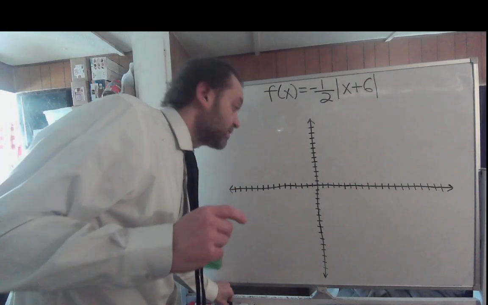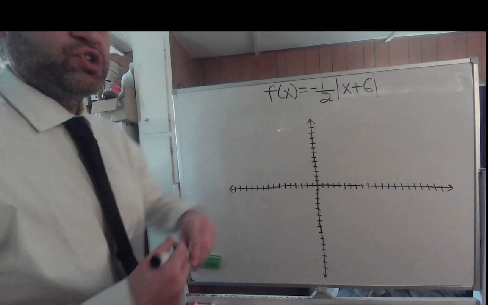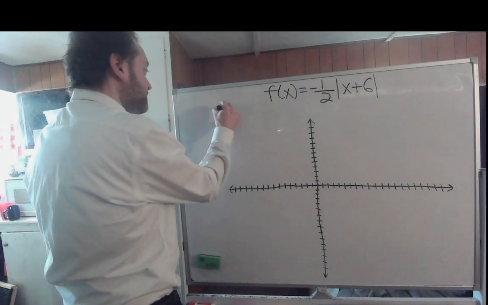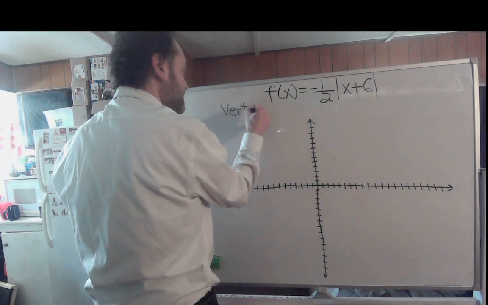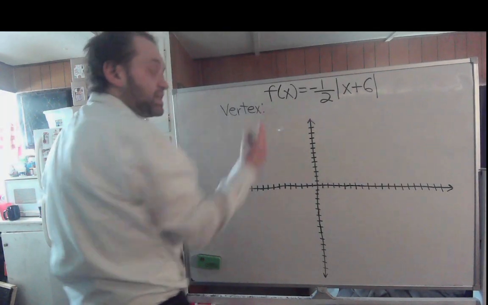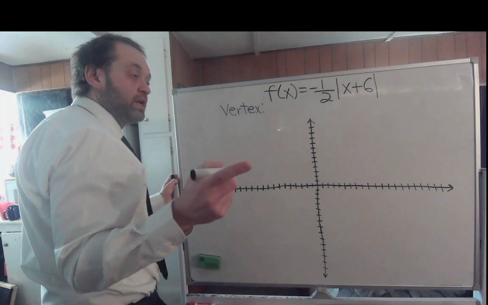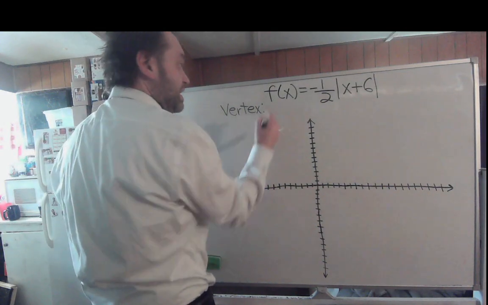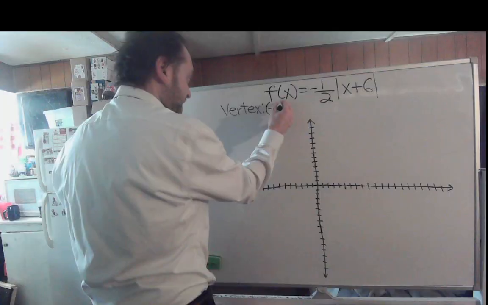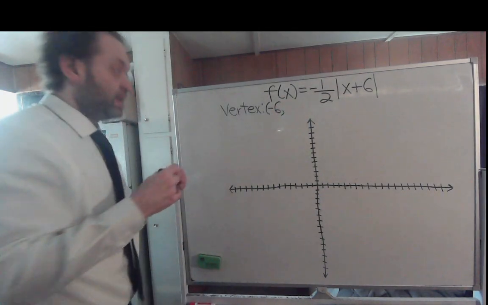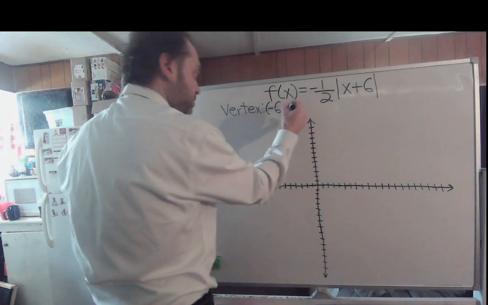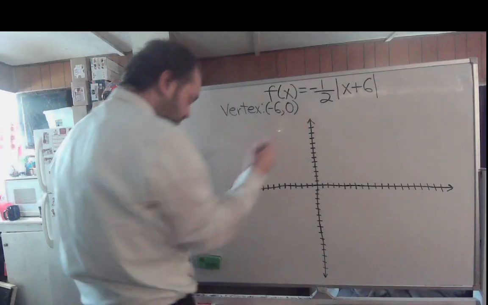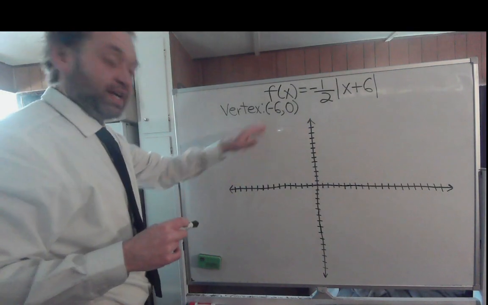First find your vertex, which means you ignore the coefficient for a second. To find your vertex, take what's inside of the absolute value and set it equal to 0. So x plus 6 equals 0 would give you the vertex being at the x-coordinate of negative 6. You have no k value here, so the y-coordinate of the vertex is 0. So you've got the vertex negative 6, 0.